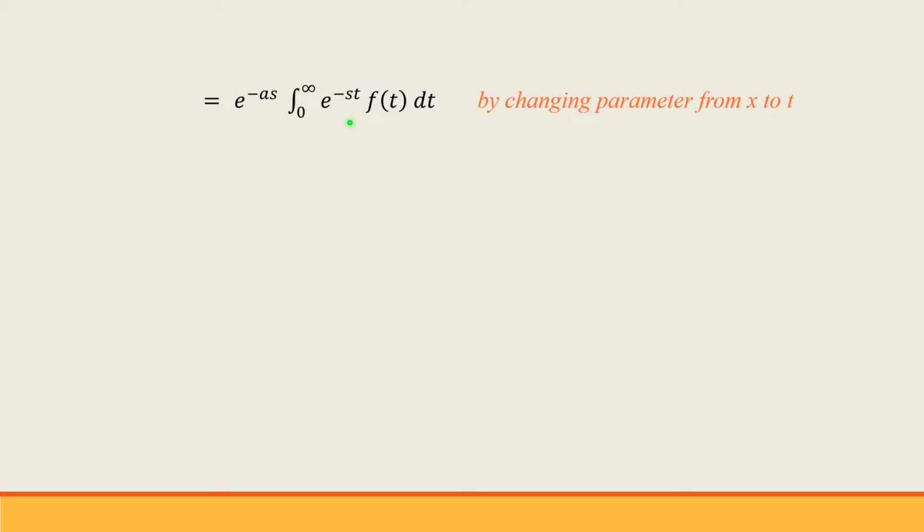We can write it as e raised to the power minus as integral 0 to infinity e raised to the power minus st into f(t) dt. So, integral 0 to infinity e raised to the power minus st into f(t) dt is the Laplace transform of f(t). We can simply write it as e raised to the power minus as F(s).